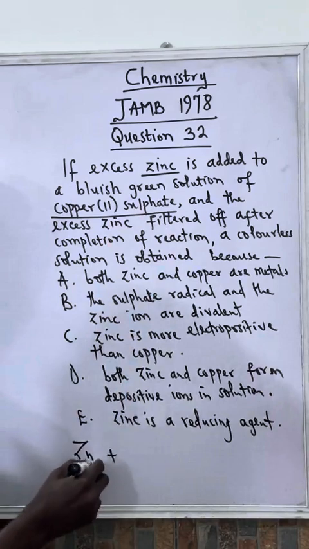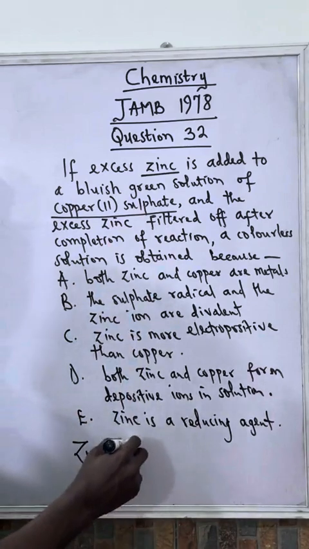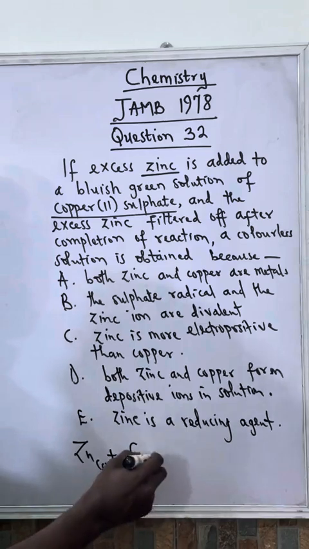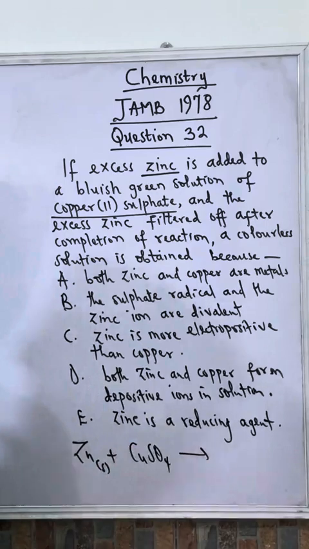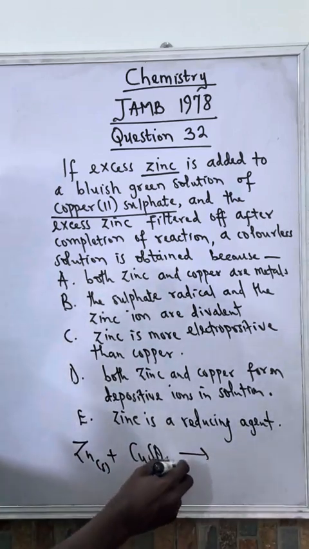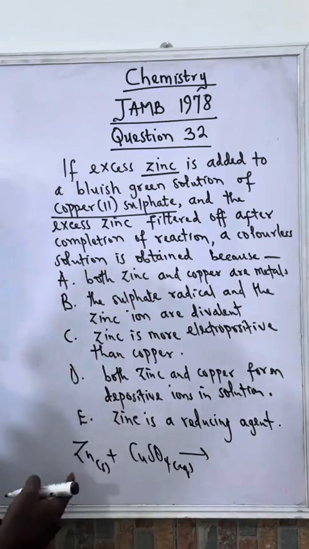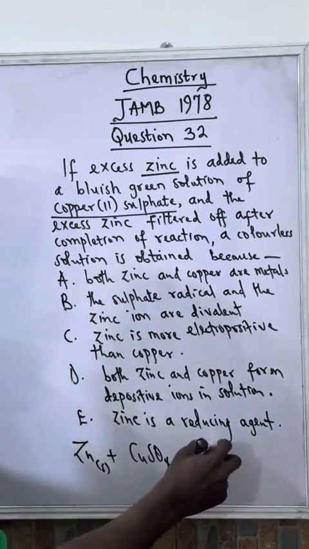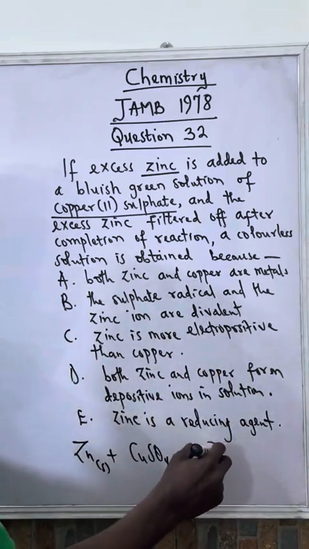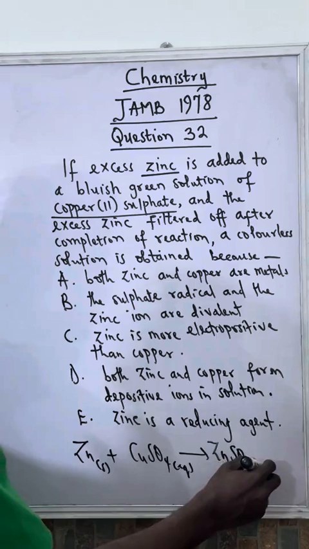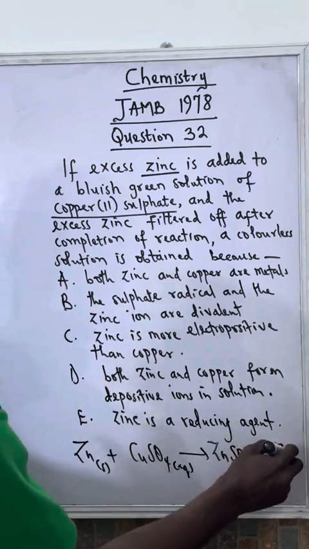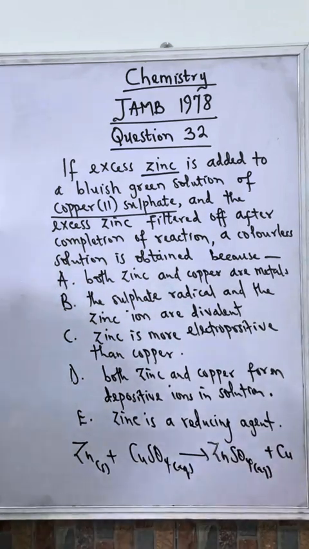Zinc, which is solid, we combine with copper sulfate, that's copper(II) tetraoxosulfate(VI). This is a salt, and this is aqueous. Now, the zinc will displace copper. So that will give me zinc sulfate. This is also aqueous, and the copper will be removed.